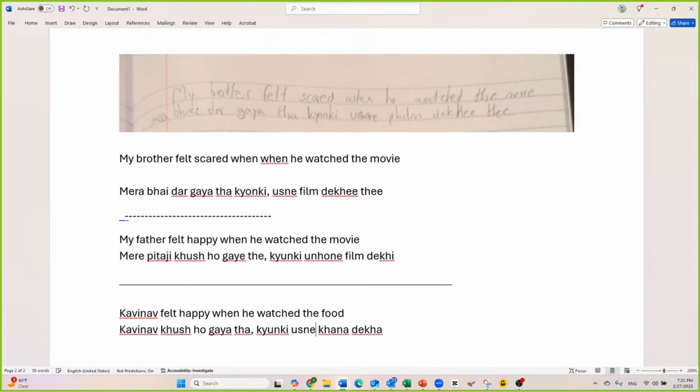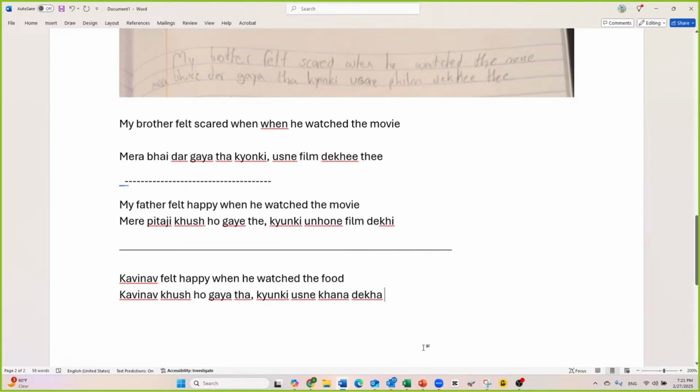Okay. So I want you to read this back with me. कविना खुश हो गया था क्योंकि उसने खाना देखा. So Kavina, which kind of food do you see and you really get happy? Pizza.